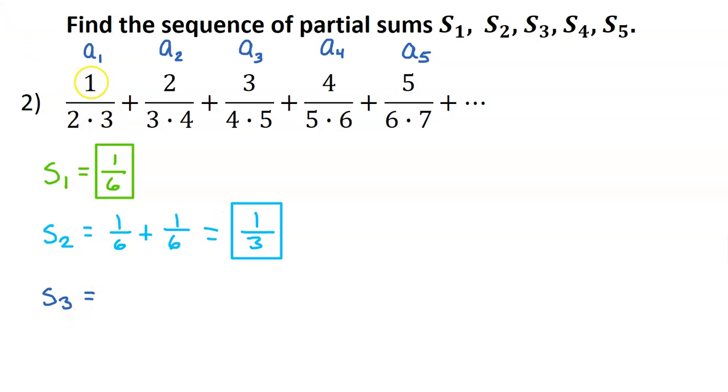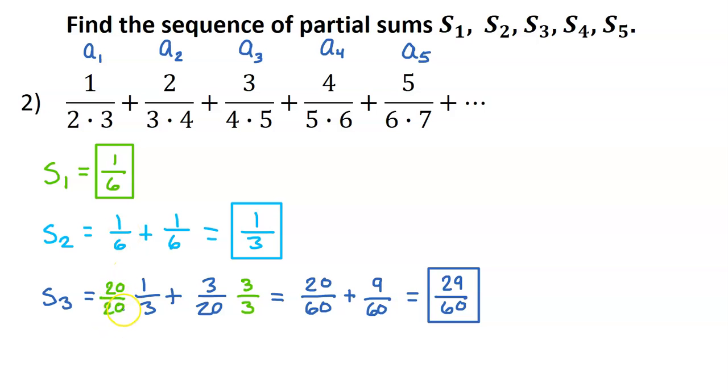S3 is the sum of term 1, term 2, and term 3. But the sum of term 1 and term 2 we already know to be 1/3. So we just need to add term 3, which is 3 over 20. We can make like denominators by multiplying by 20 over 20 and 3 over 3. So we get 20 over 60 plus 9 over 60, which is 29 over 60.